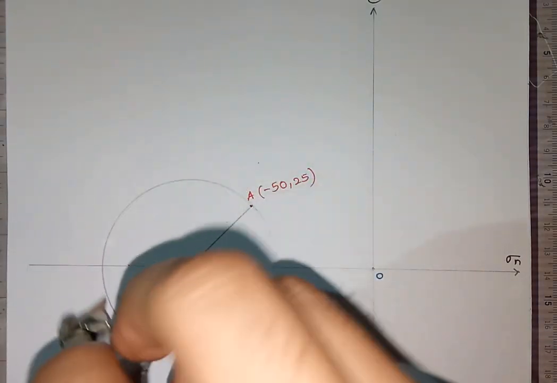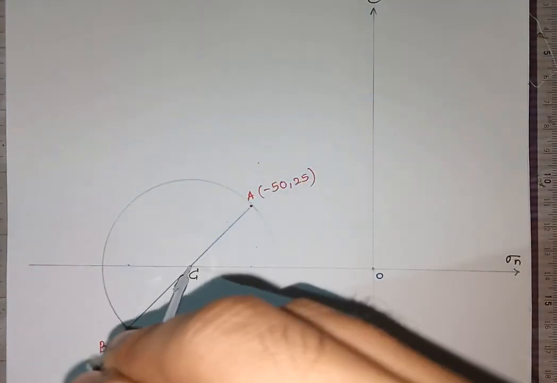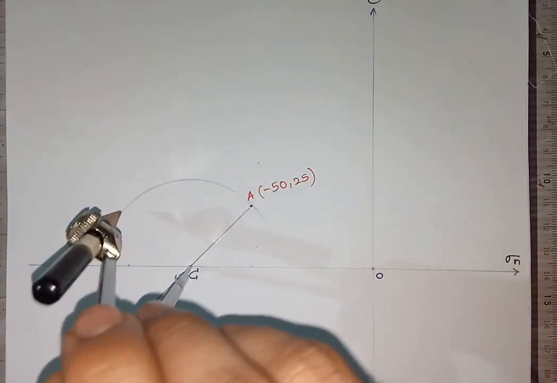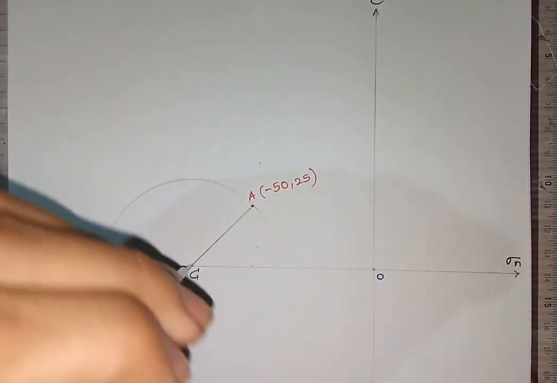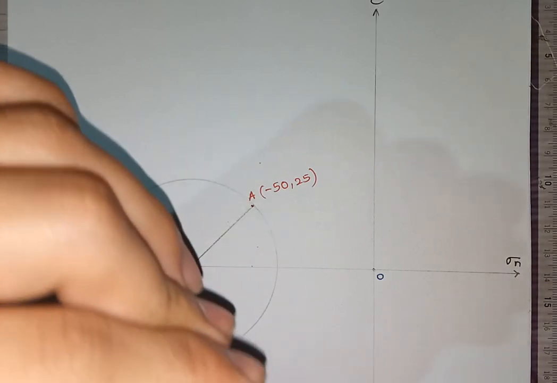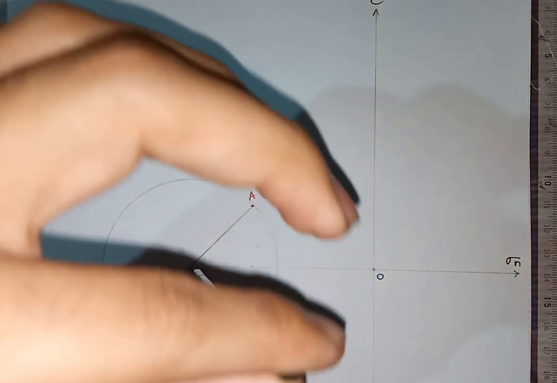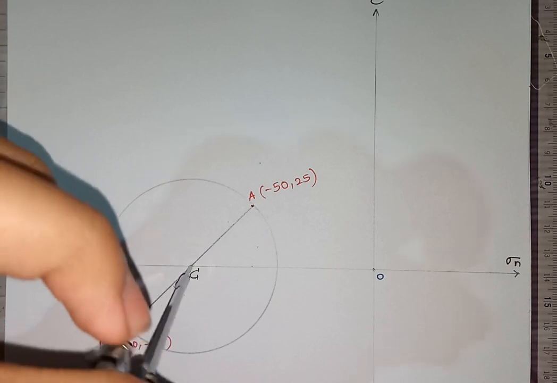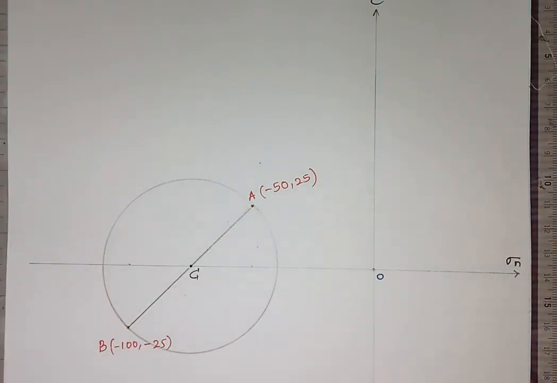If you draw things correctly, obviously everything falls in its place, right? But be careful when you take the scales. Please don't go wrong, because the entire thing depends upon what scale you assume, right? Now once you draw this, the circle is called the Mohr circle.